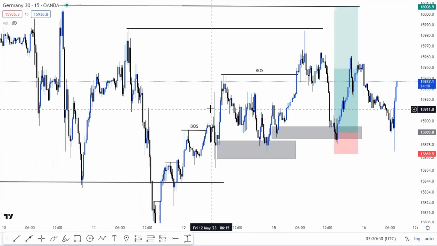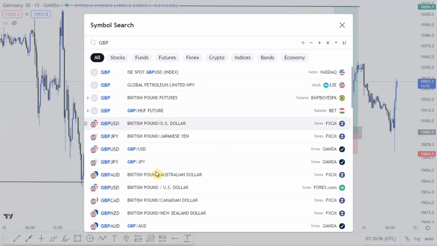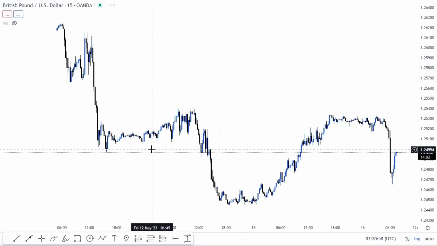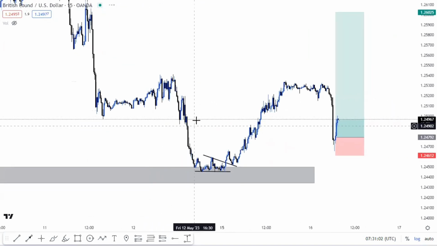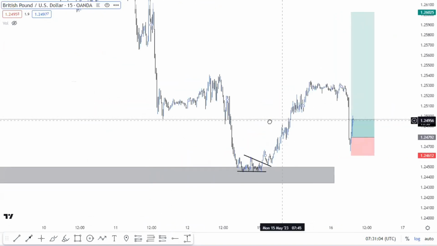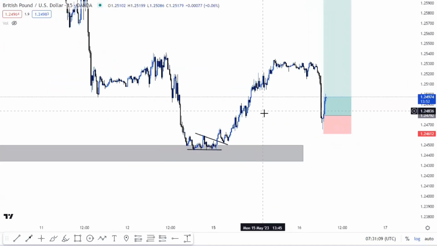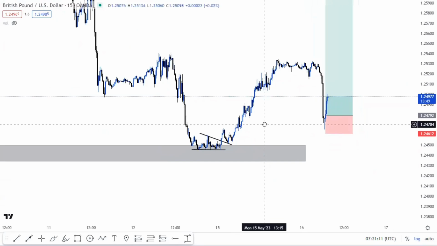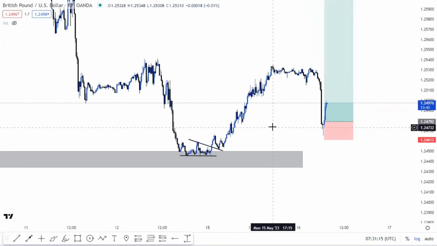Right now, let me show you another trade which I took yesterday, but that was basically based on price action. My charts are actually loading up. The reason why we took that trade yesterday, and I'm also on a pound trade today, is based on price action. I don't only trade smart money concept, I'm a price action trader. I've been a price action trader from the onset, but the reason why I decided to incorporate smart money concept is that this thing works.